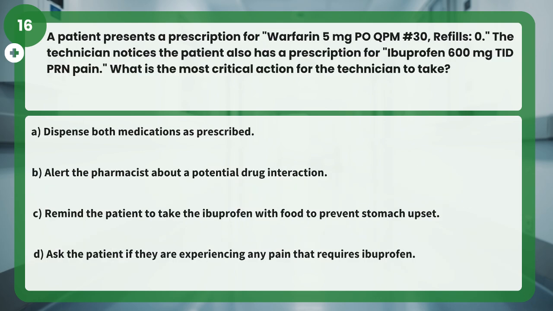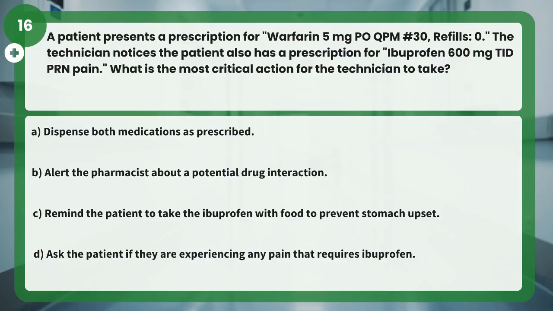Question 16. A patient presents a prescription for warfarin 5 mg PO QPM number 30, refills 0. The technician notices the patient also has a prescription for ibuprofen 600 mg TID PRN pain. What is the most critical action for the technician to take? A. Dispense both medications as prescribed.